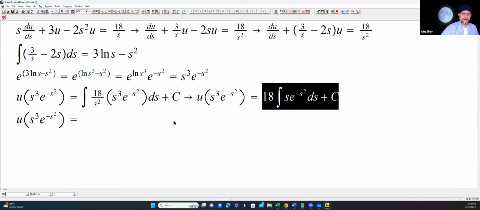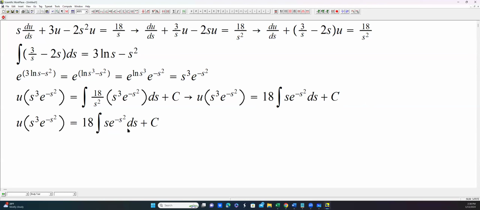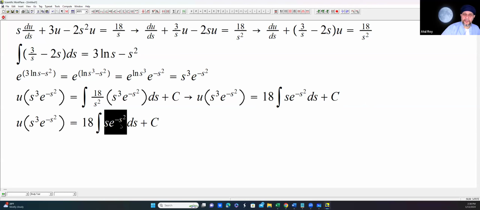And this guy, if you use the substitution rule, wouldn't that be negative 1 half e to the negative s squared? So that will be negative 1 over 2 e to the negative s squared.